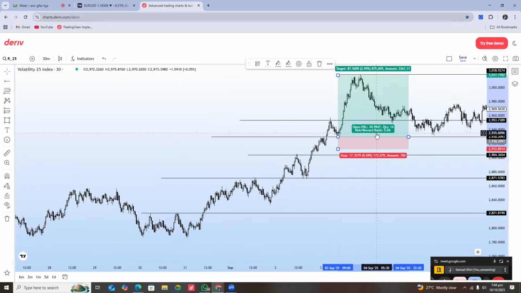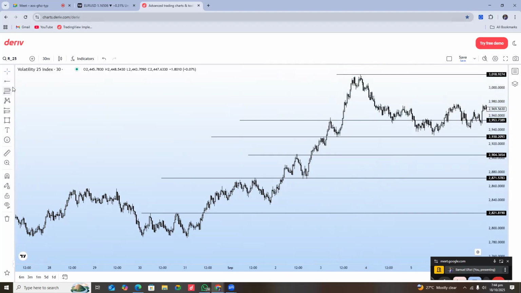That's 5:1. So whatever you are risking, you are targeting 5 times that. So if you are risking $10, it means you are targeting $50. If you are risking $100, it means you are targeting what? $500. So that is how it is done in an uptrend.